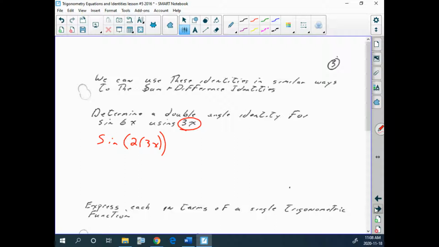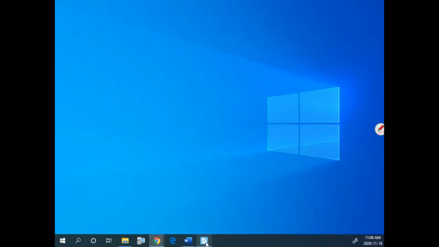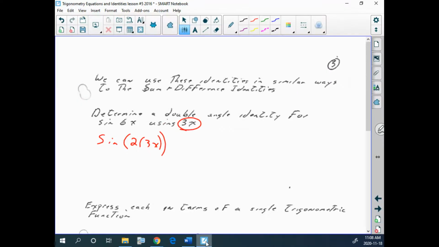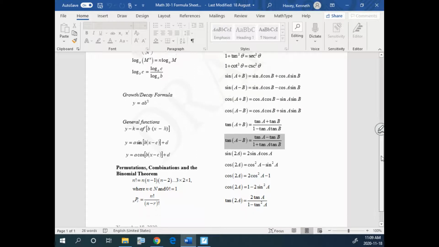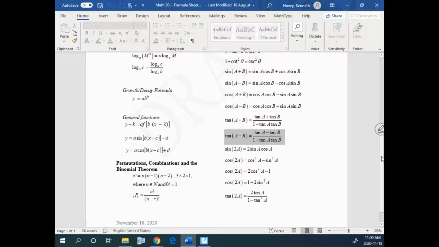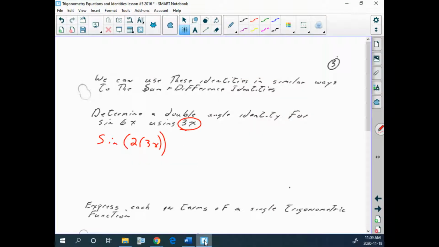the double angle identity, now sine of 2a is here, 2 sine a cos a, or 2 cos a sine a as it's written, but I say it the other way. In this case, my angle is 3x. So this would be 2 times sine of 3x cosine of 3x.